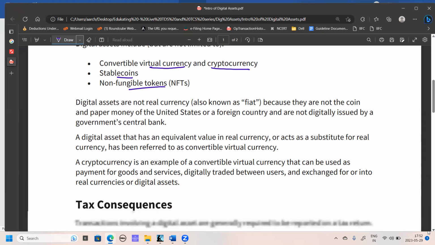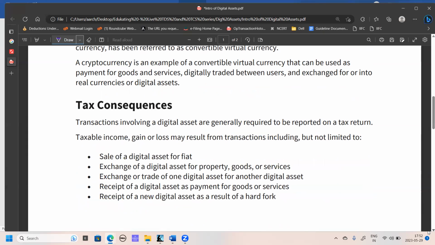When we talk about the consequences of the tax, where we need to pay the tax, on which type of transaction tax will be leviable: transactions involving a digital asset are generally required to be reported in the tax return. When you talk about taxable income, gain or loss may result from the transaction. When we talk about the gain or loss or any taxable income in the long run, and not on a regular basis, it will come under capital gain.